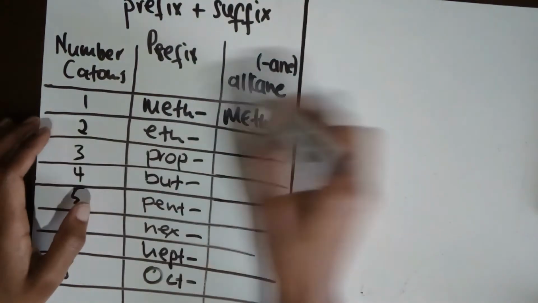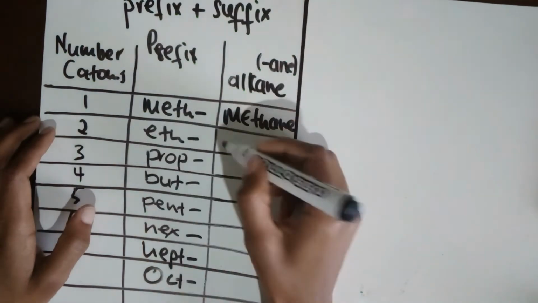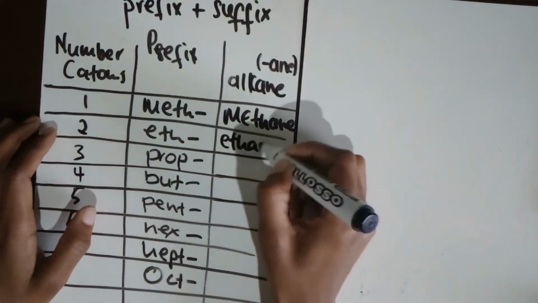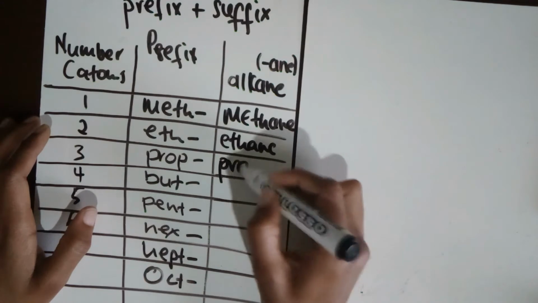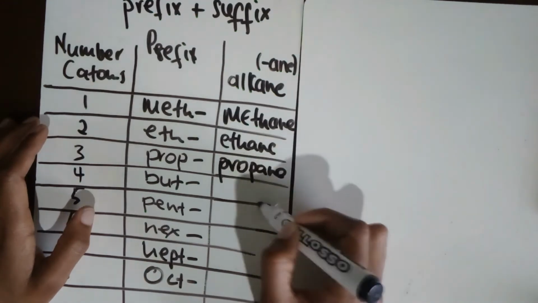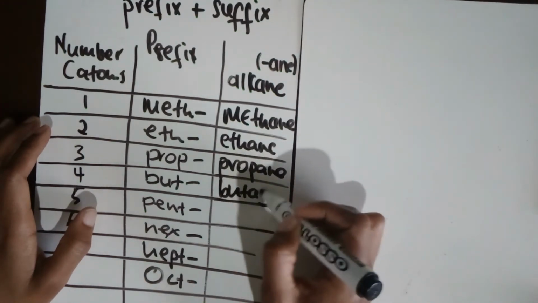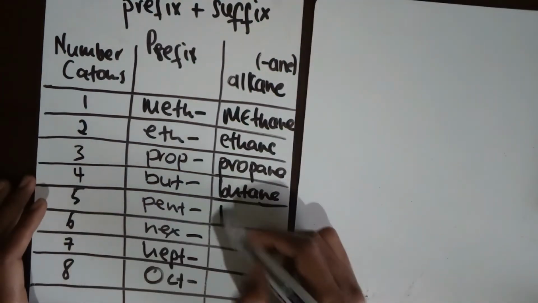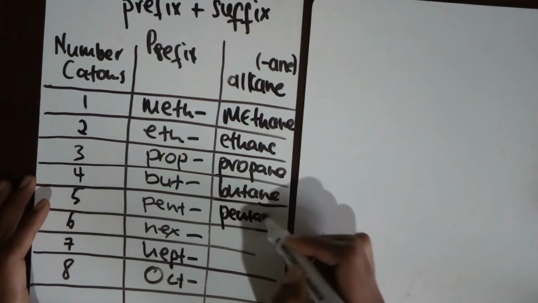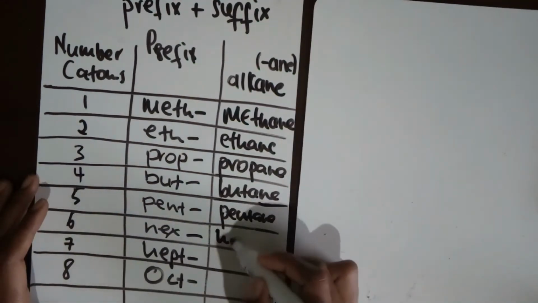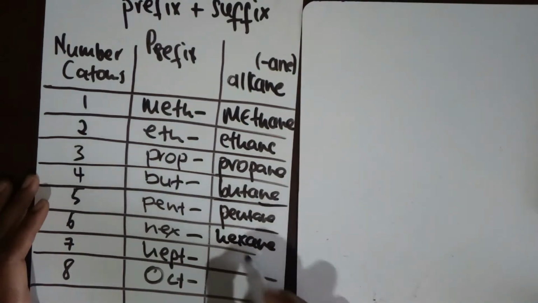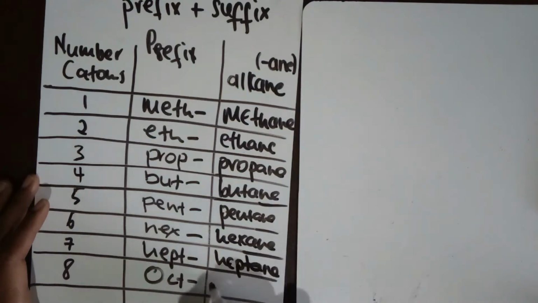Then eth plus ane is going to give us ethane. It continues like that: propane, butane, pentane, hexane, heptane, octane.